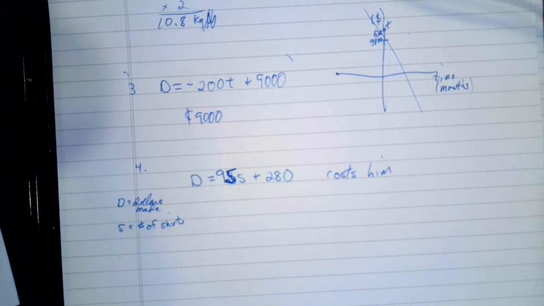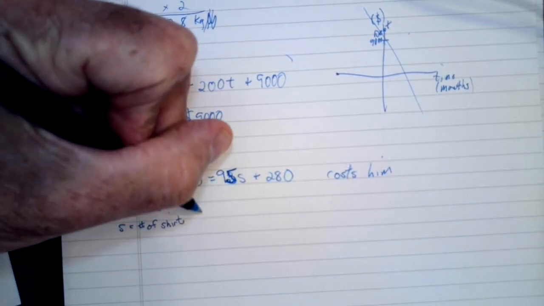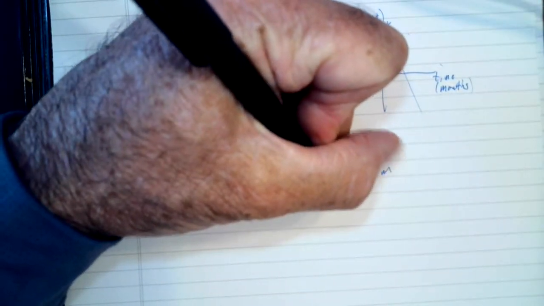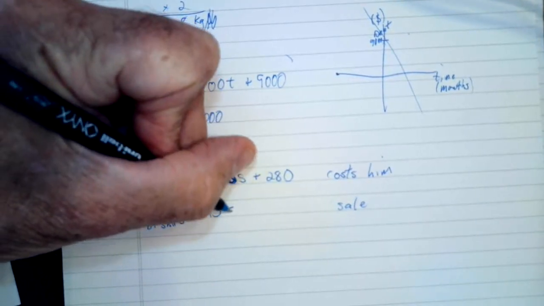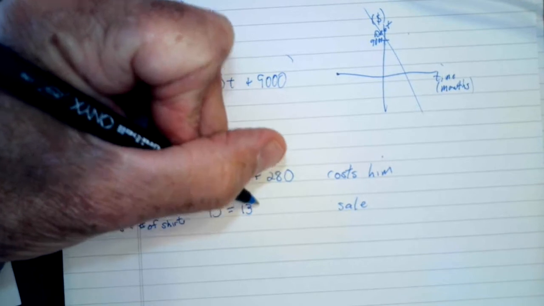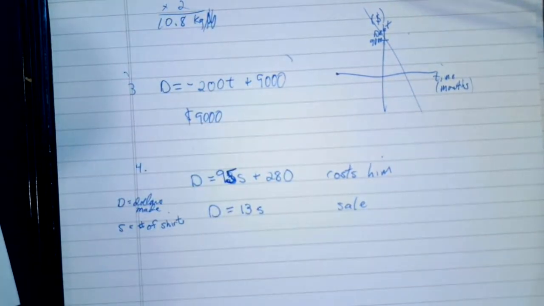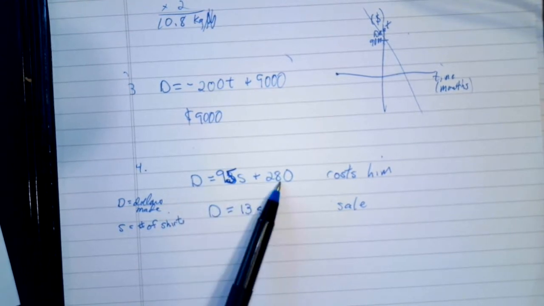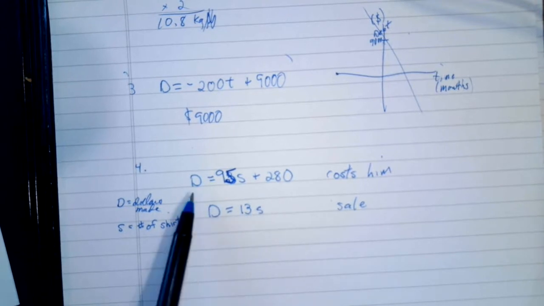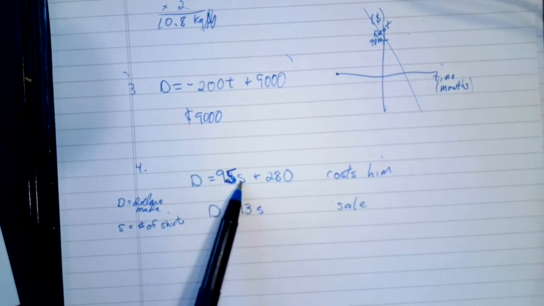He sells the shirts for $13 each. So the profit or the sale formula for dollars is going to be just $13 times however many shirts he sells. So really I have two equations. I have what it costs him in dollars, and it's $9.50 a shirt plus $280 a month. So in a given month, if he sells one shirt, it'd be $9.50 plus $280.